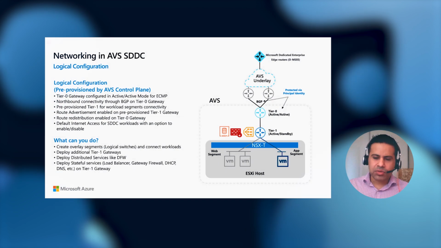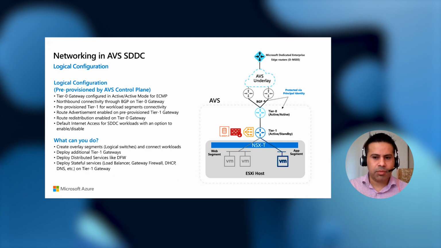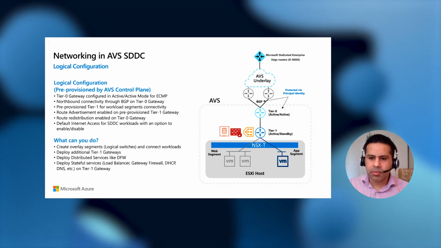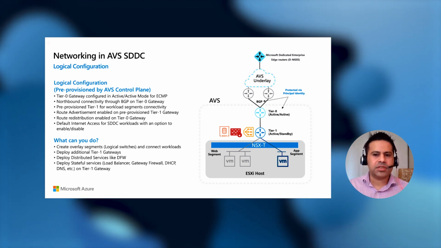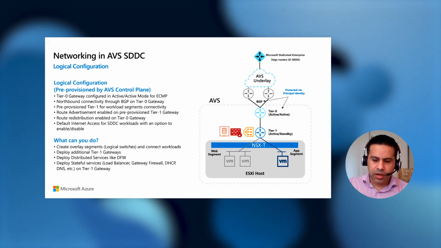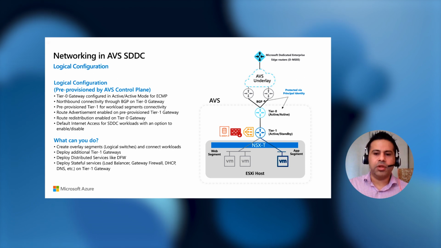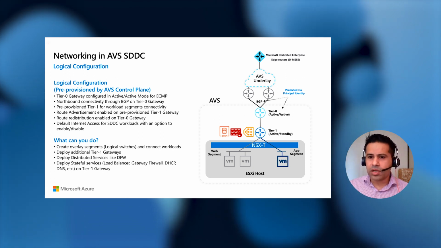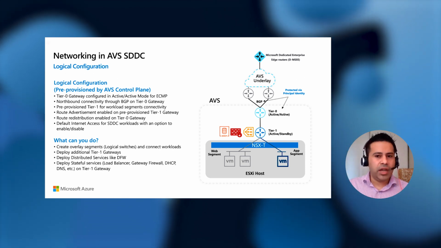So as soon as you come in and you want to define a segment, which you can think of as a layer 2 broadcast domain, and you define a logical switch or segment and connect it to your VM workloads from your vCenter, you have end-to-end connectivity.